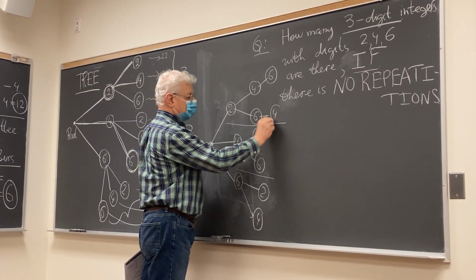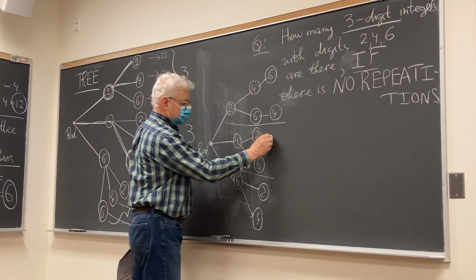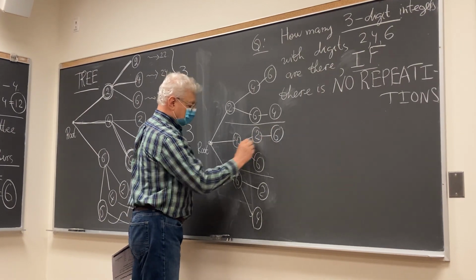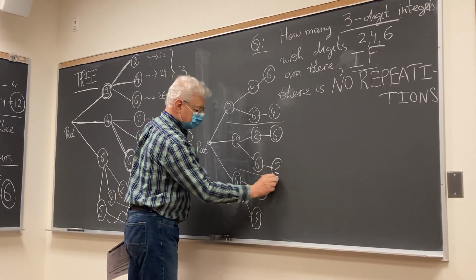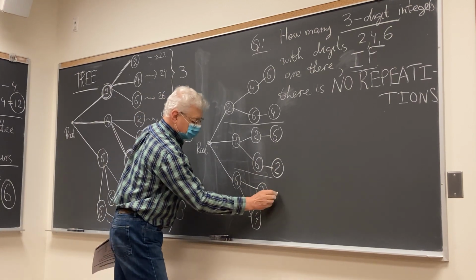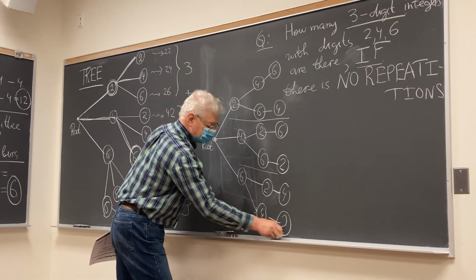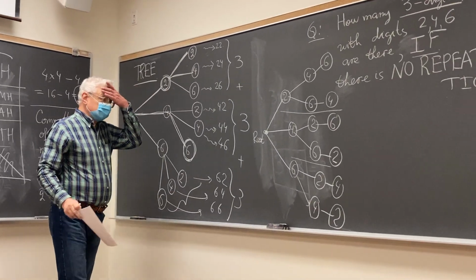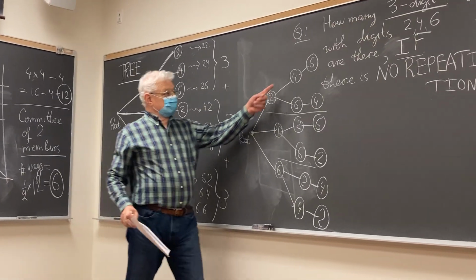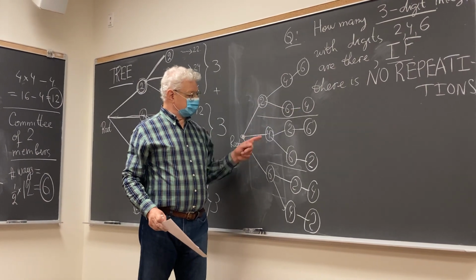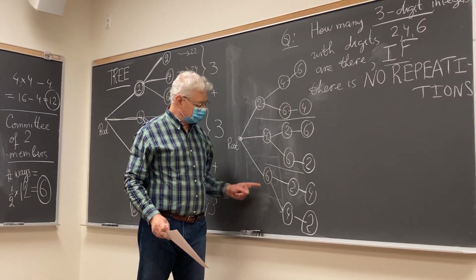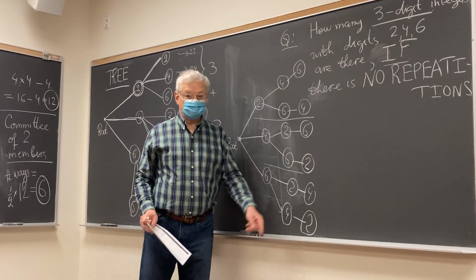Only with 4. 4, 2, we extend only with 6. 4, 6, extend only with 2. 6, 2, we extend only with 4. And 6, 4, we extend only 2. And now you see all the 3-digit numbers. 246, 264, 426, 462, 624, and 642.